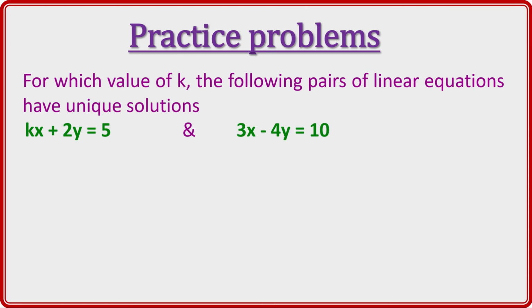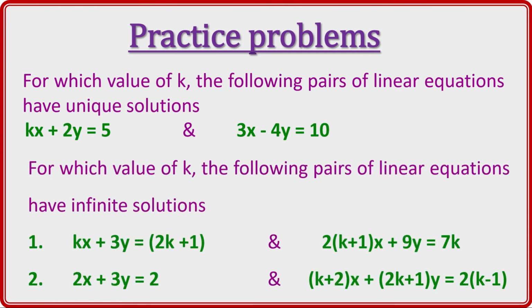For which value of k the following pair of linear equations have unique solution? Unique solution. That is kx plus 2y is equal to 5. Second equation, 3x minus 4y is equal to 10. One more problem, children.